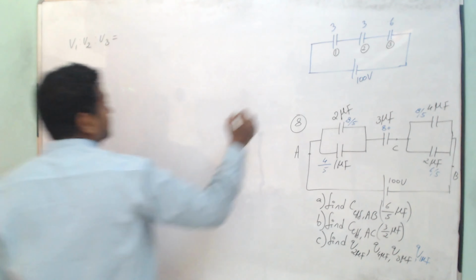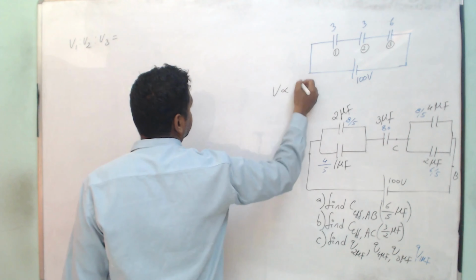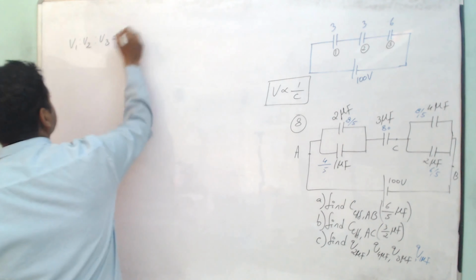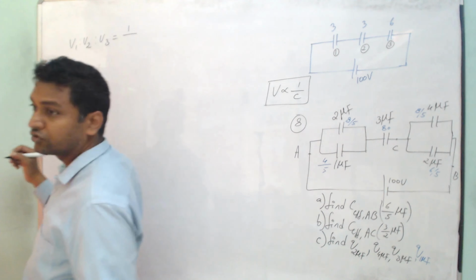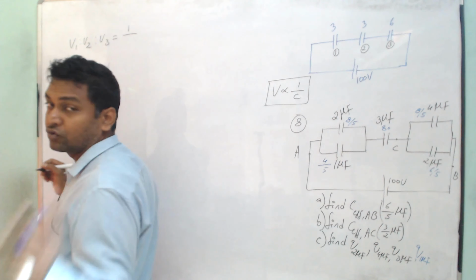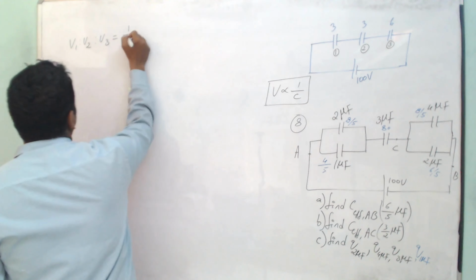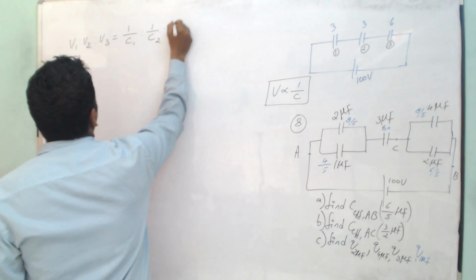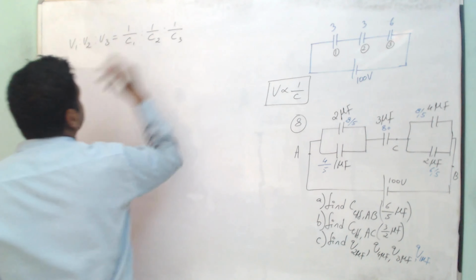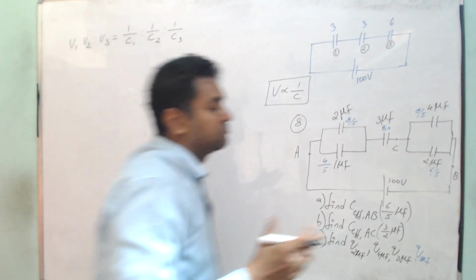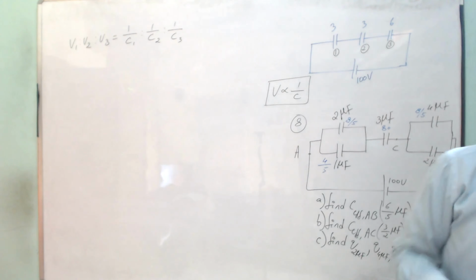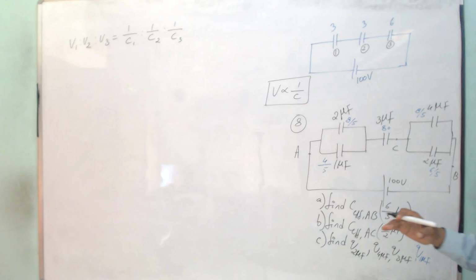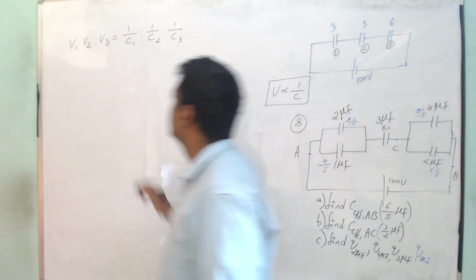We said V is inversely proportional to C. That means in place of V1, I will write 1 by C1, 1 by C2, 1 by C3. Now what you will get out of this, we don't know, but let's see. 1 by 3 is to 1 by 3 is to 1 by 6. 2 is to 2 is to 1.